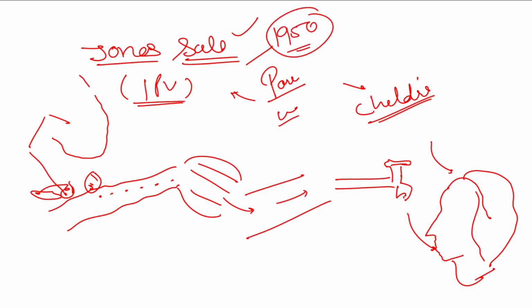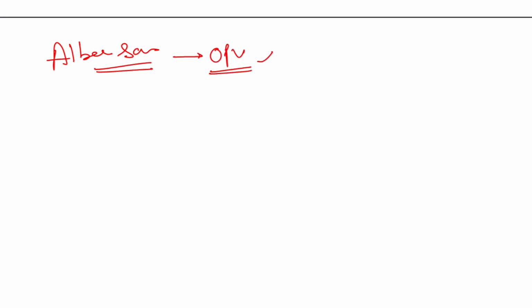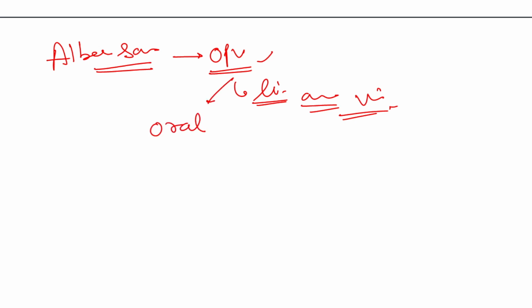Later on, a better vaccine was developed by Albert Sabin. So he developed OPV, oral polio vaccine. He used a live attenuated virus, and it was easier to administer because it was oral. Just open the mouth and drop 2 drops.